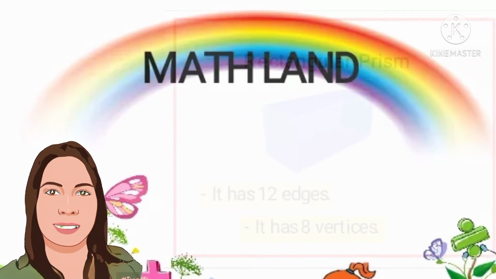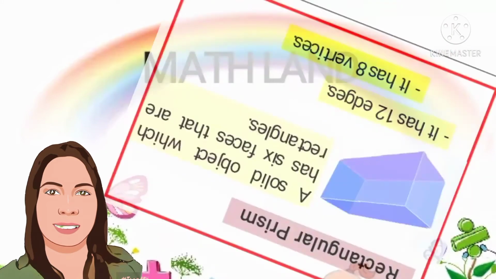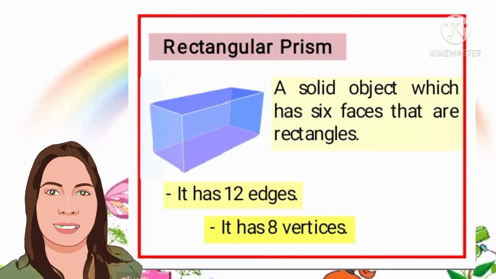Next, we have the rectangular prism. A rectangular prism is a solid object which has six faces that are rectangles. It has 12 edges and 8 vertices.